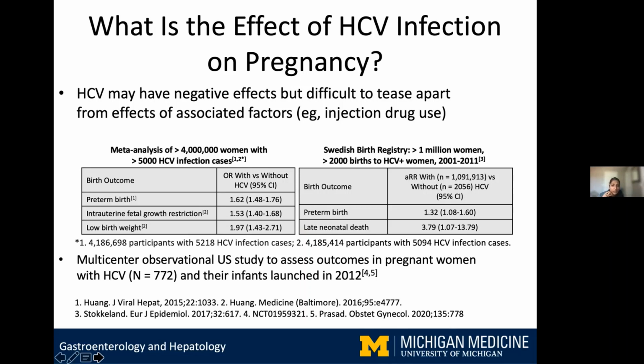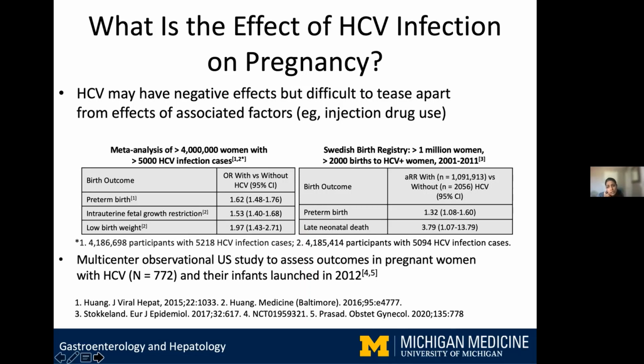And you can see that there's a small increased risk of preterm birth in women living with Hep C who are pregnant in terms of birth and baby outcomes. Also an increased risk of intrauterine fetal growth restriction and lower birth weight has been established as well.